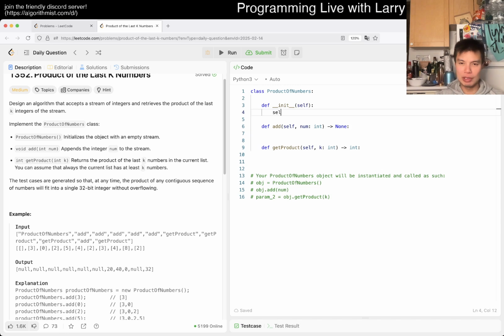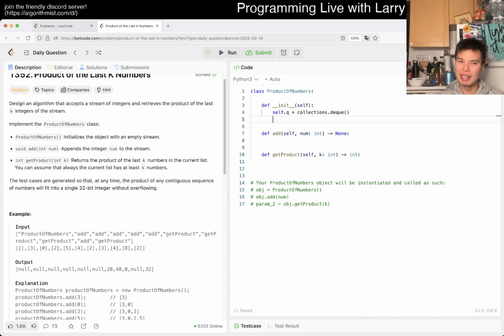So here we will still use a deque, maybe, right? That's the last whatever items. If we say it's 0, then we don't need to record zeros anymore because everything to the left of the 0 is gone, right?